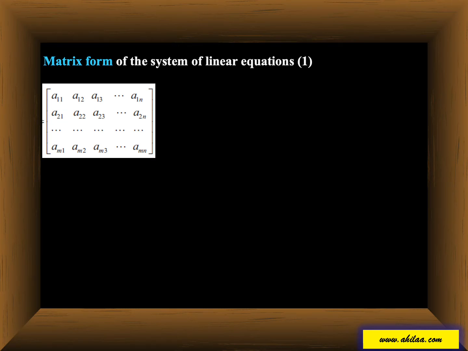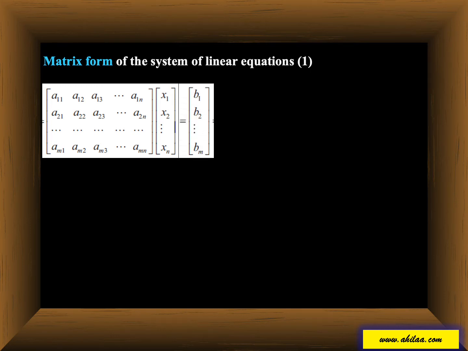Collect all the coefficients as an m by n matrix A with entries a11, a12, a13, ..., a1n, a21, a22, a23, ..., a2n, up to am1, am2, am3, ..., amn, and collect all the n variables in a column matrix of order n by 1 as x1, x2, ..., xn, which is equal to all the right hand side values as a column matrix of order m by 1, b1, b2, ..., bm.